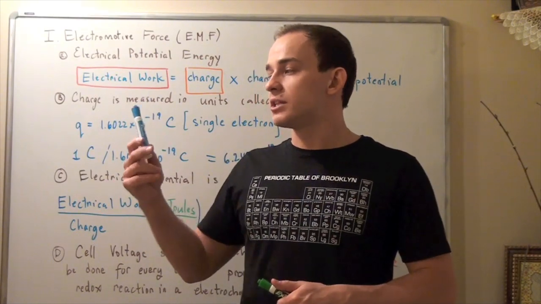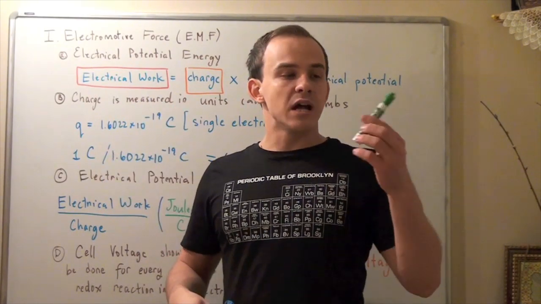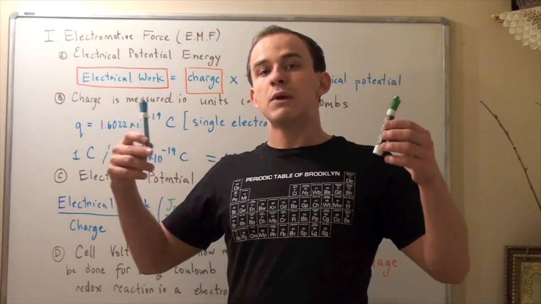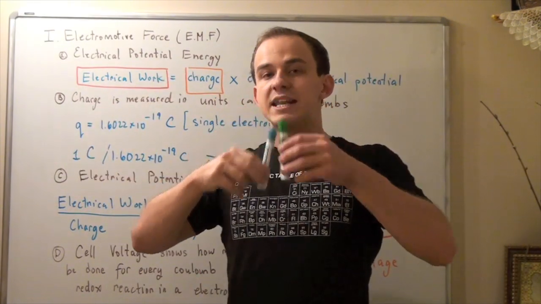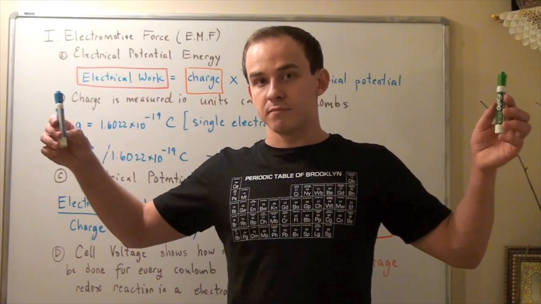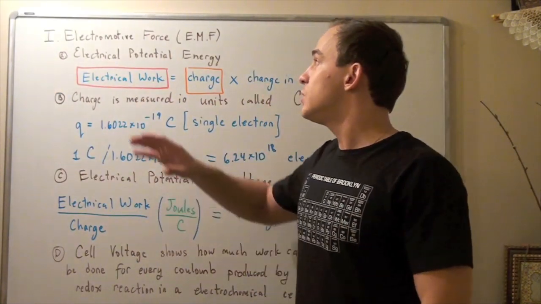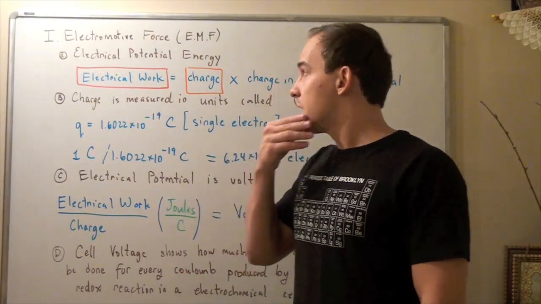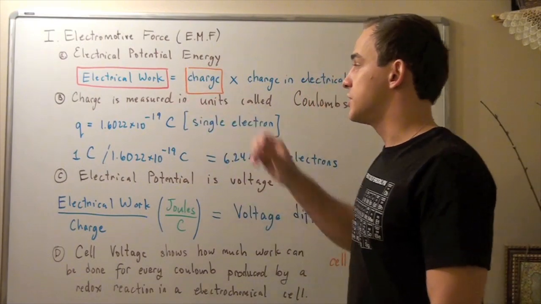So if this object has a charge 1 and this object has charge 2 and their charges are opposite, then they will pull each other. Now if the charges are the same, they will push away. And that's the difference between electrical potential energy and gravitational potential energy. So let's look at what charge is.